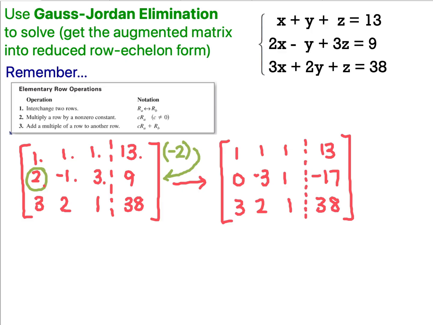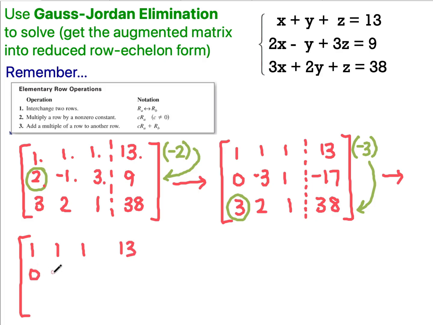All right, let's clear out the 3. To clear out the 3, I believe I'd like to take the top row times -3 and add it to the bottom row. And again, I'm trying to do that in my head. If that's too much and you want to show some work on the side, all power to you. I'm going to keep the top row unchanged, the middle row unchanged.